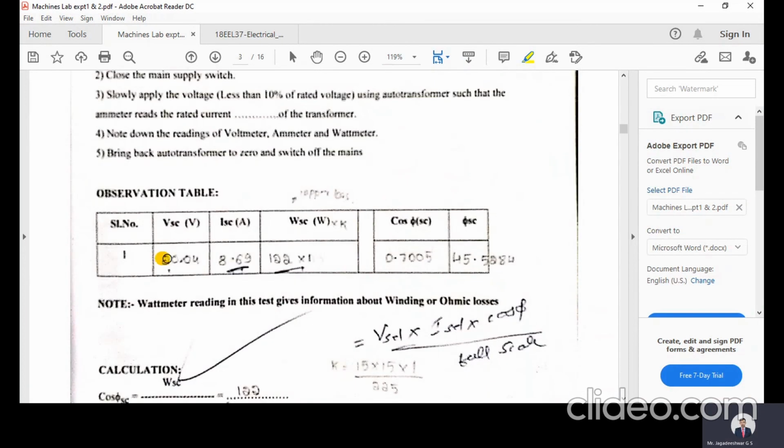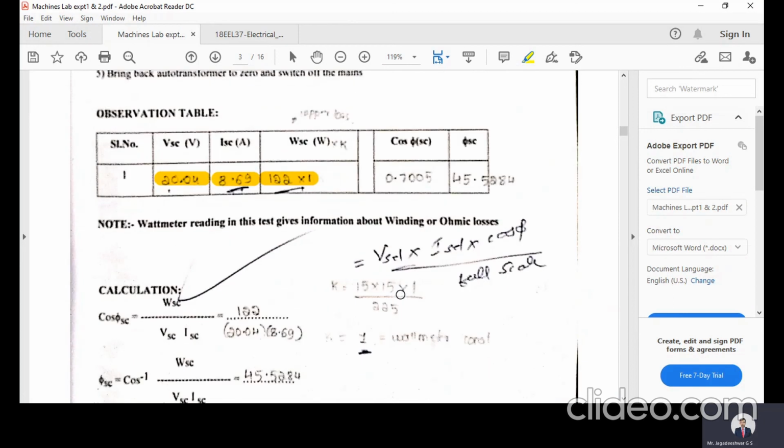Similarly, you have taken VSC, the short circuit current, and the short circuit wattmeter reading, which is 122 accordingly. K has to be multiplied here. K you can calculate like this: P selected, I selected, cos phi divided by full scale reading. In this case it works out to be 1.